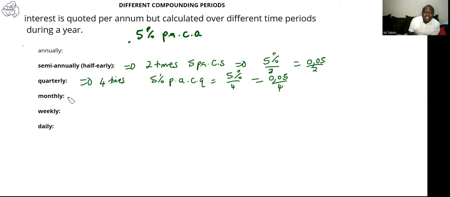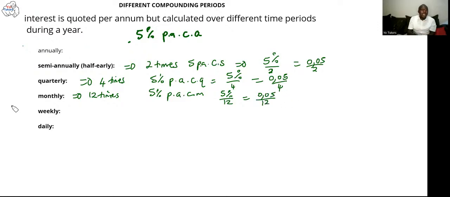What about if it's monthly? How many months in a year? It's 12 times a year. So if it's 5% per annum compounded monthly, this means it's 5% over 12, which is 0.05 over 12.